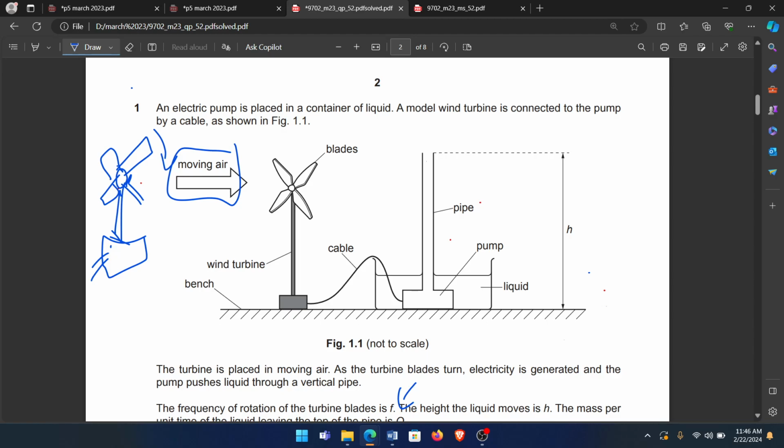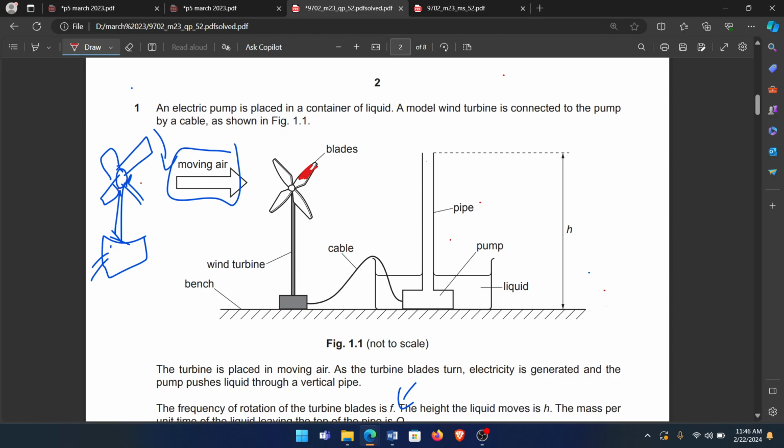Clear? You can change F. Then when F is changed, automatically Q will be changed.